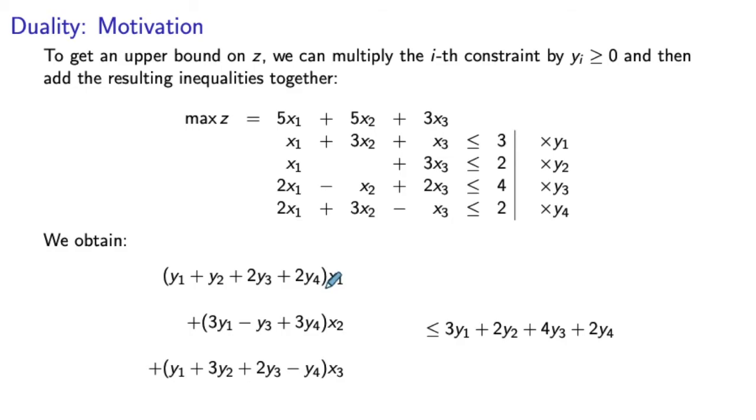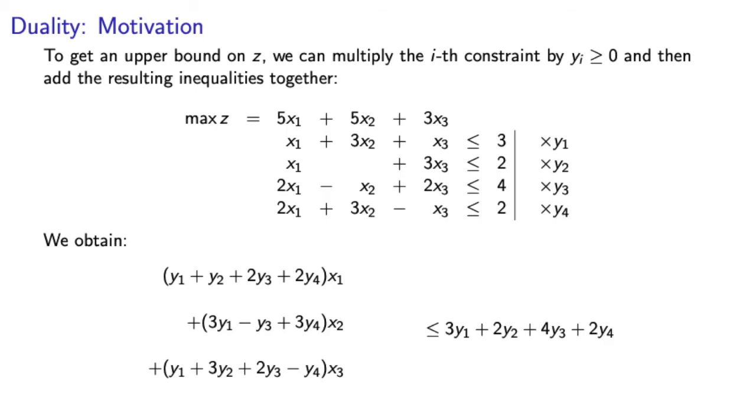So we have the coefficient for x1 is given by y1 plus y2 plus 2y3 plus 2y4 and so on, right? And when we sum up all of these inequalities, because all the multipliers are greater than or equal to 0, the sign of the inequality will be preserved, and we obtain the following upper bound on the sum of all of these terms here.